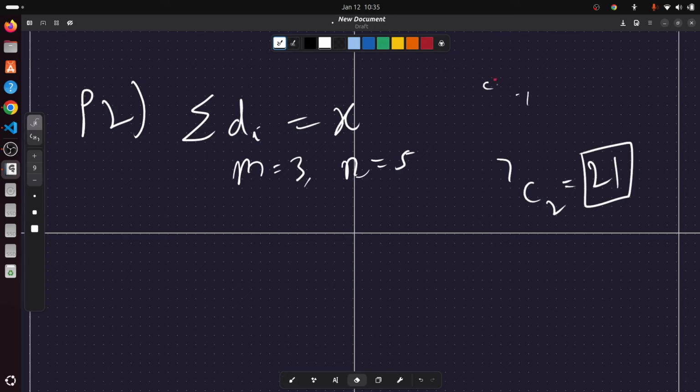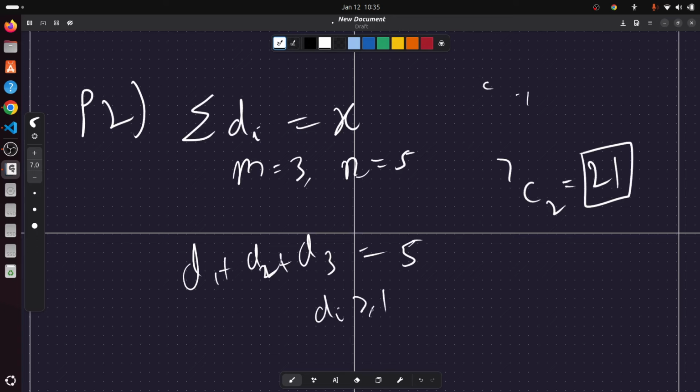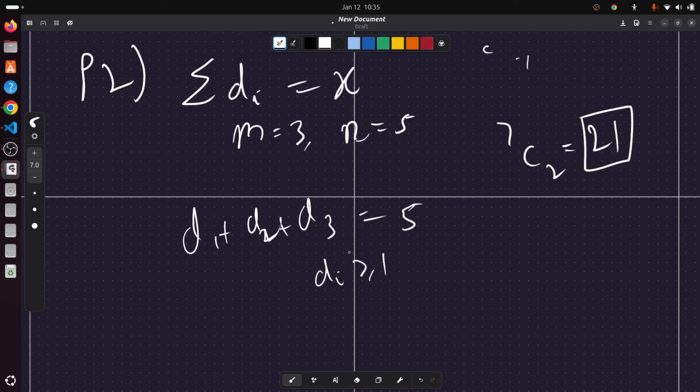Basically I want d1 plus d2 plus d3 to be equal to x, or to be equal to 5, where each di is greater than or equal to 1. So actually I can write di as 1 plus ei, where ei is greater than or equal to 0, right?